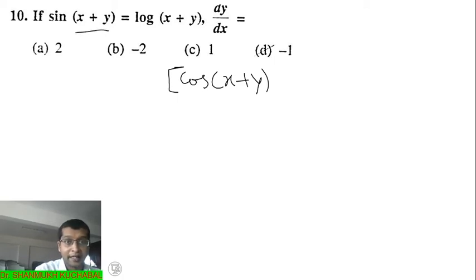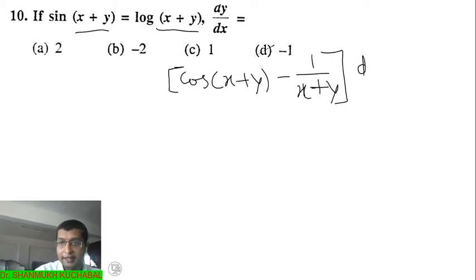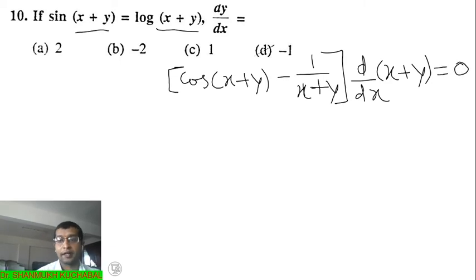On both sides it is common, so we write it as common. If you transpose this to LHS, it will become minus 1 divided by x plus y, and we have taken common d by dx of the inner function x plus y. So further it is equal to 0 we can write it.